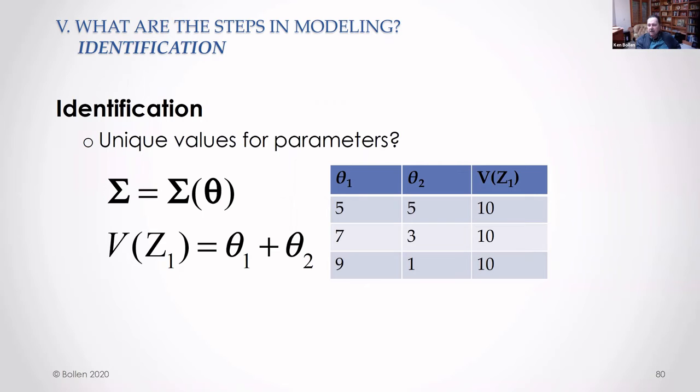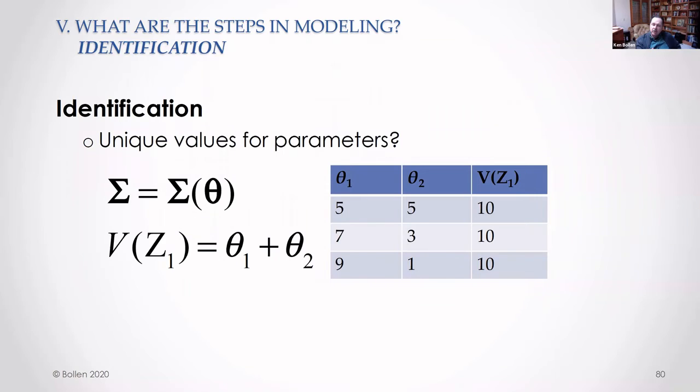We couldn't get our regression coefficients, even if we had population information on the y variable and all of the x's. So the reason you're not seeing this issue come up in multiple regression is that the assumptions are set up so it's exactly identified.